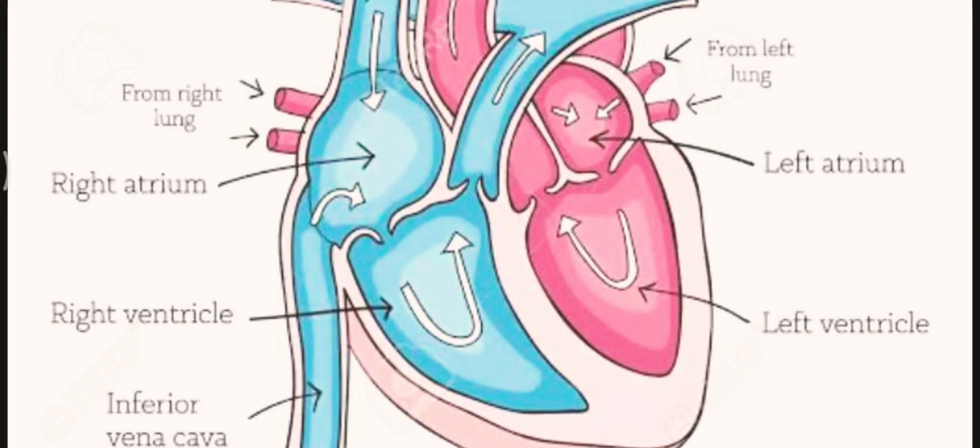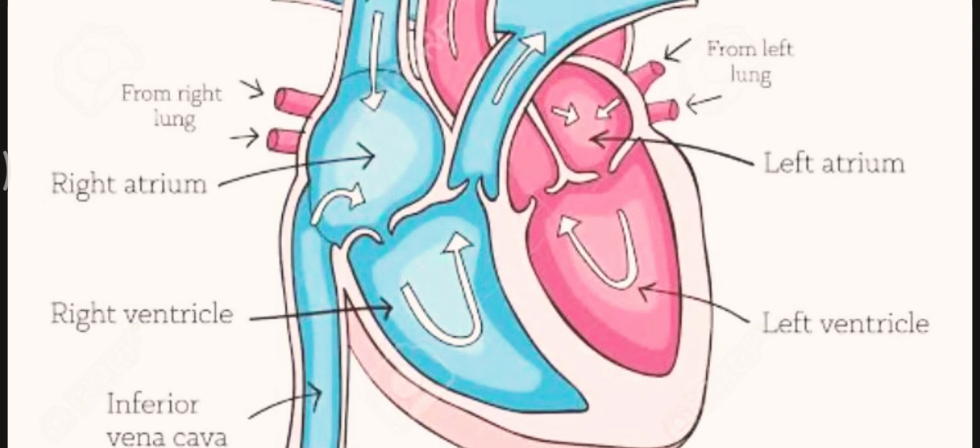In the same way, the left auricle and the left ventricle are separated by a valve which is made up of two flaps or two cusps, and that is why it is known as the bicuspid valve. So, the right side has the tricuspid valve and the left side has the bicuspid valve that separates the atrium and ventricle.